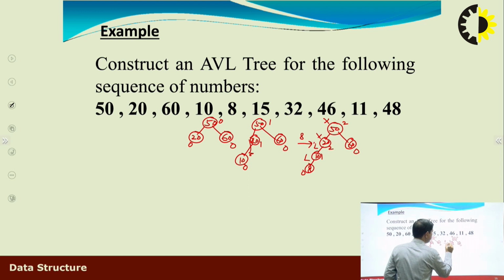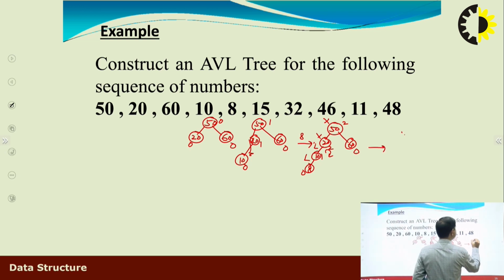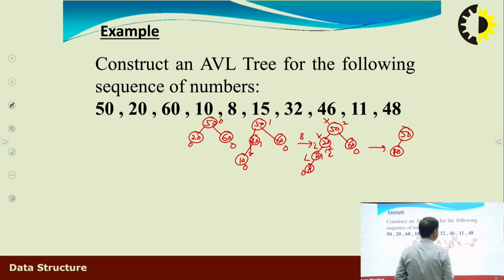That means we will apply the right rotation at node number 20. Then after rotation, the tree will be like this: 50, then 10. So 10 will become the root, then it will be 20 and it will be 8.